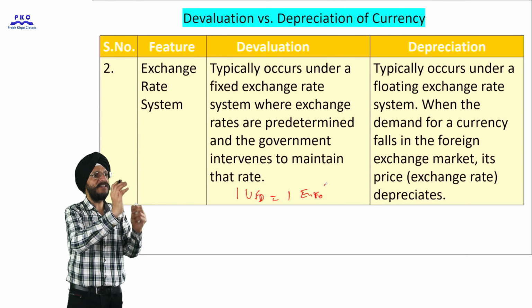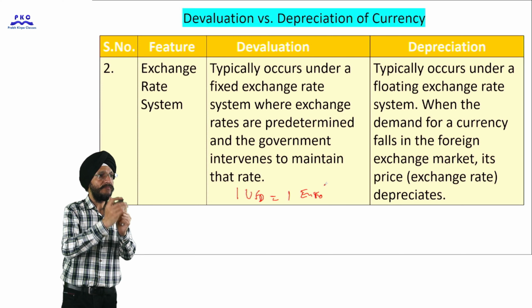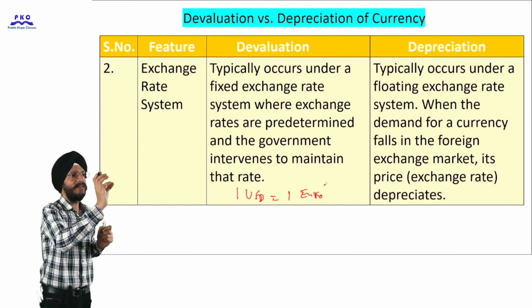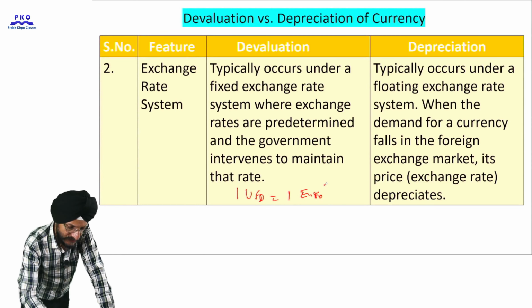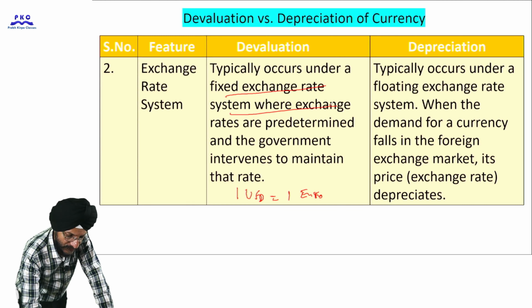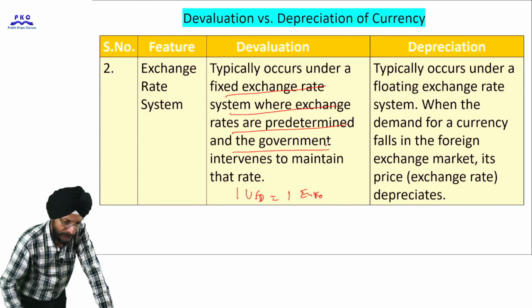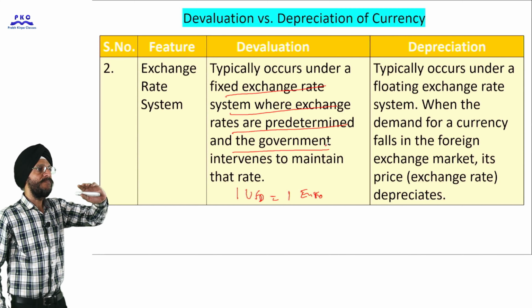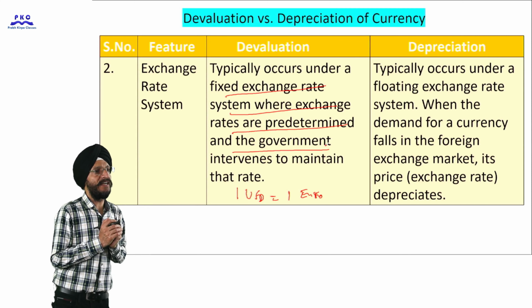So this is the fixed exchange rate system. Devaluation occurs under a fixed exchange rate system where the exchange rates are predetermined and the government intervenes to maintain that rate.